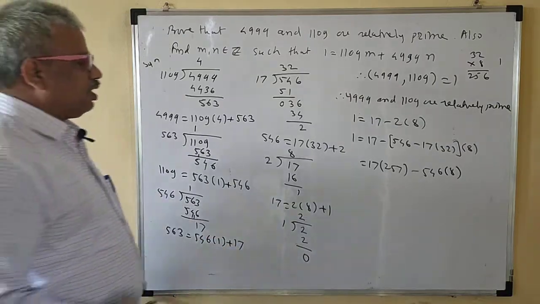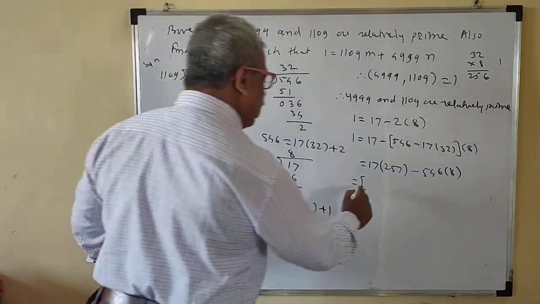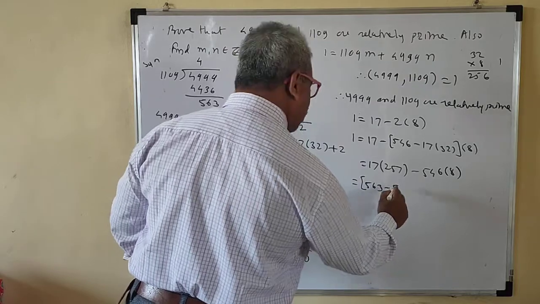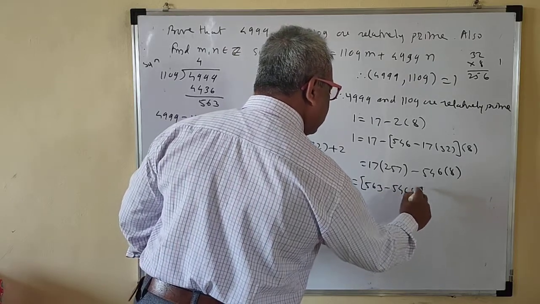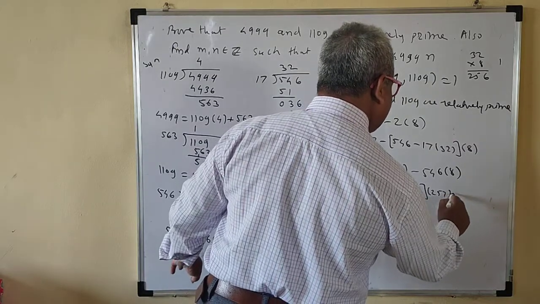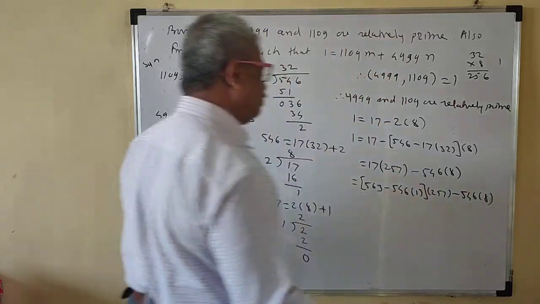We'll put the value of 17 now. What is the value of 17? 563 minus 546 into 1, into 257 minus 546 into 8 now.